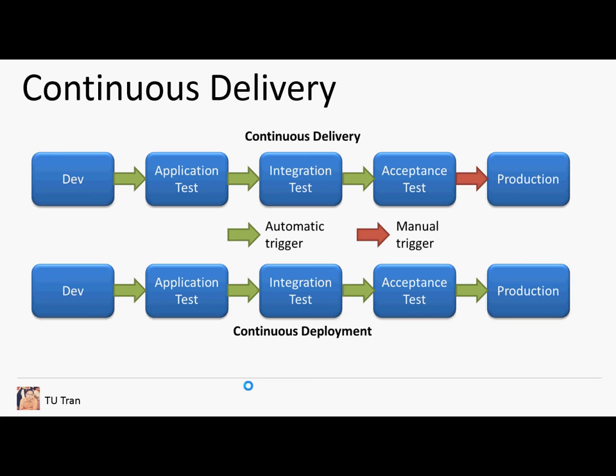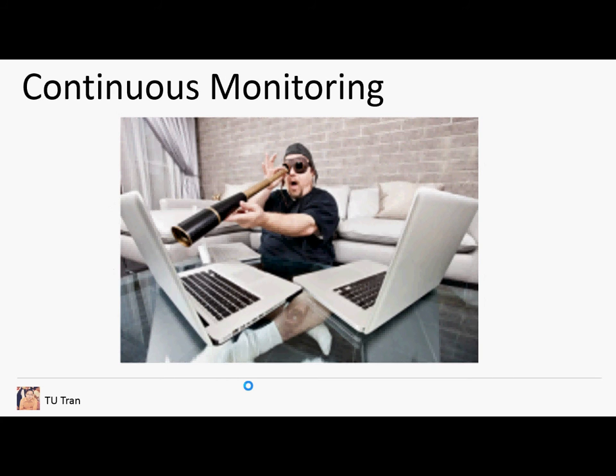Okay, we move to the next one, continuous monitoring. Whenever we make a change in the code and implement a new feature, the build server will build the source code, and it also runs a lot of unit tests.